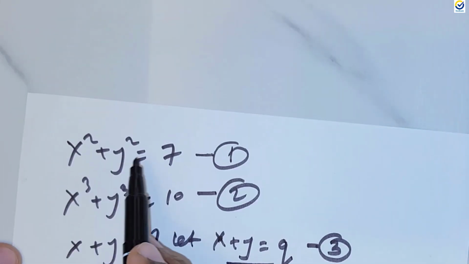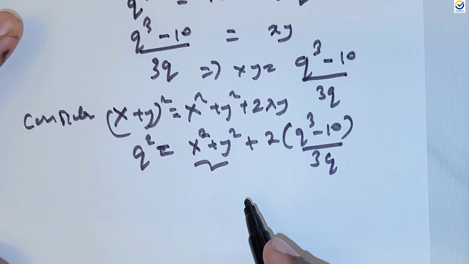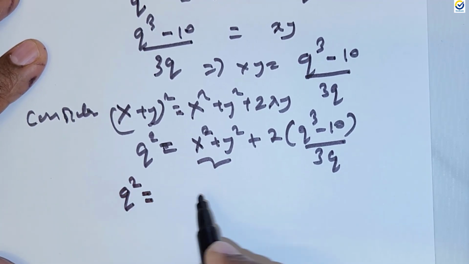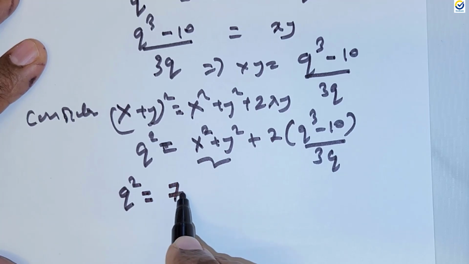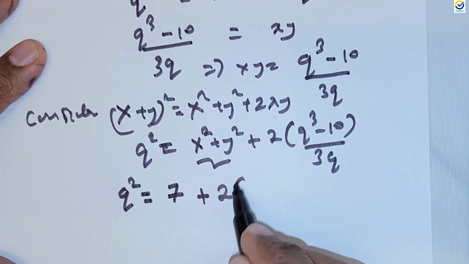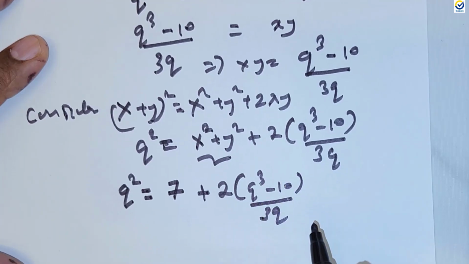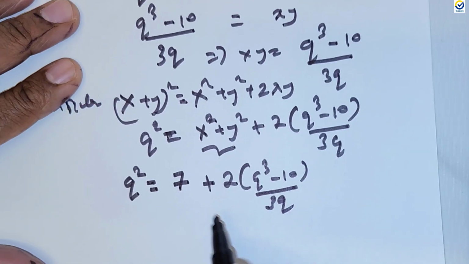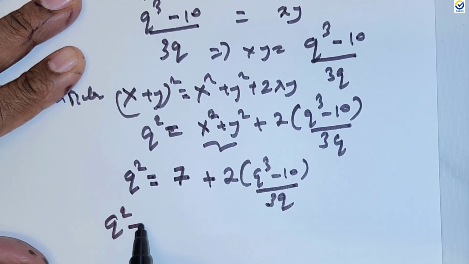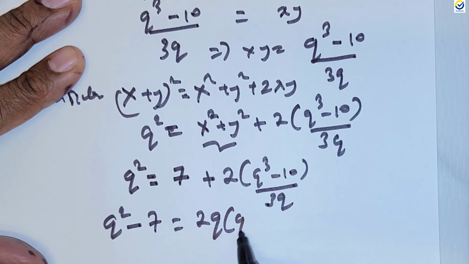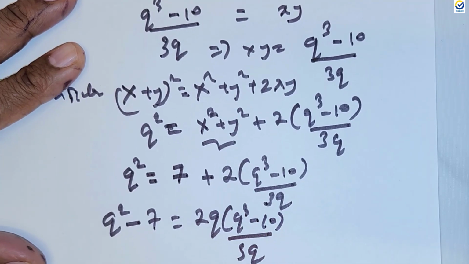But x squared plus y squared is given as 7, right? So we have q squared is equal to 7 plus 2 times q cubed minus 10 divided by 3q. So from here I can rewrite this as q squared minus 7 is equal to 2 times q cubed minus 10 divided by 3q.